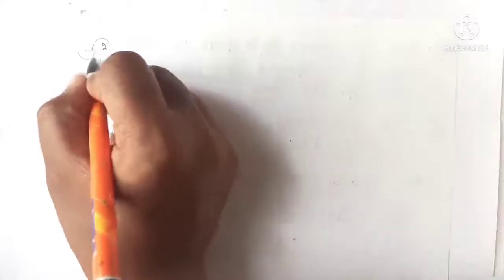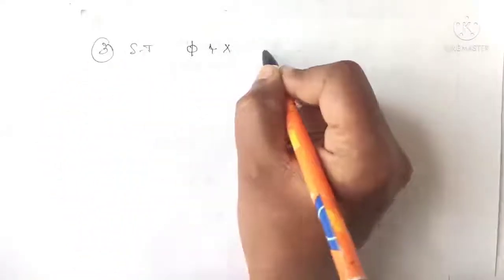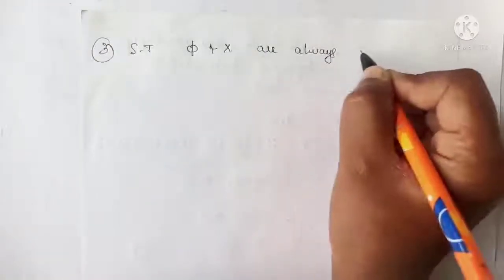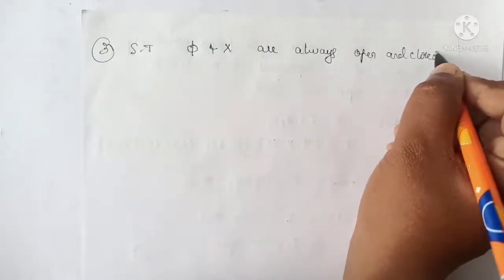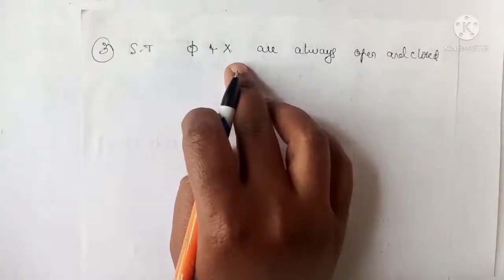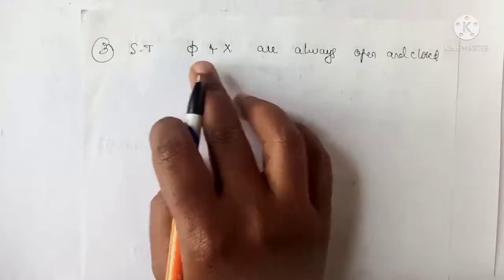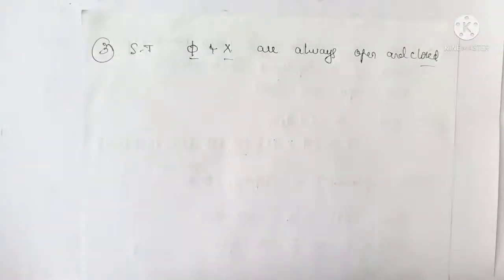Third one: show that phi and X are always open and closed. We know that phi and X always belong to the topology T, so they are always open, and now we just have to show that they are closed.